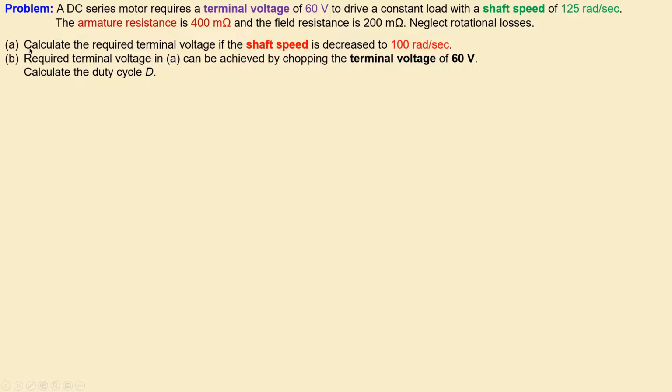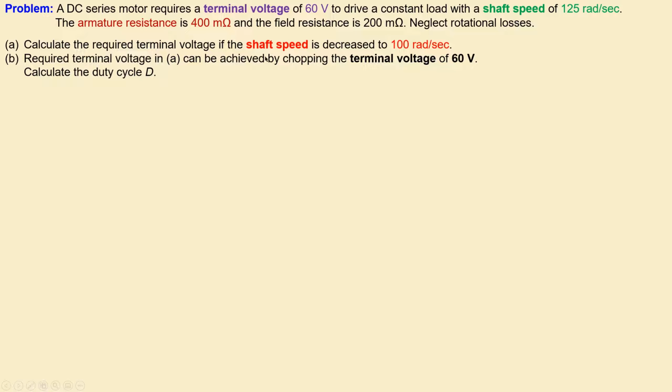Question A: calculate the required terminal voltage if the shaft speed is decreased to 100 radians per second. So we go from 125 to 100 radians per second. In the second case, we have the following situation. The required terminal voltage in A can be achieved by chopping the terminal voltage of 60 volts.